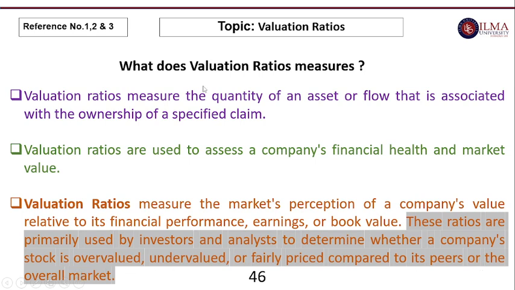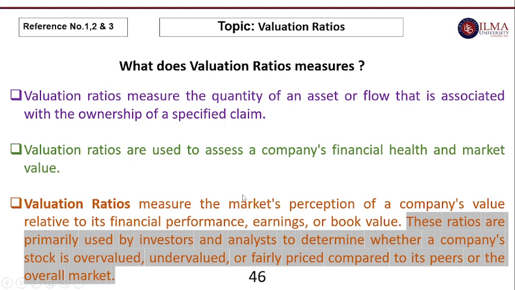So where valuation ratio helps, the most important line is over here: whether the share price is overvalued, undervalued, or fairly priced, which is up to the market. Valuation mainly tells about the value of the company, the value of any asset, the value of company growth.